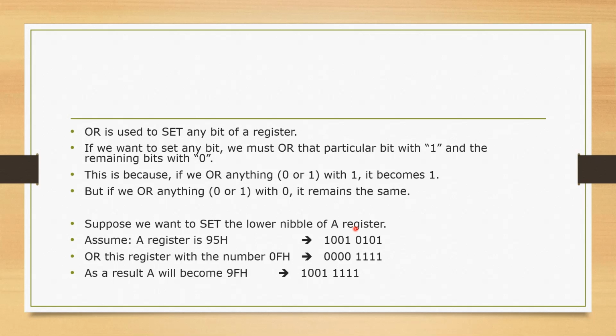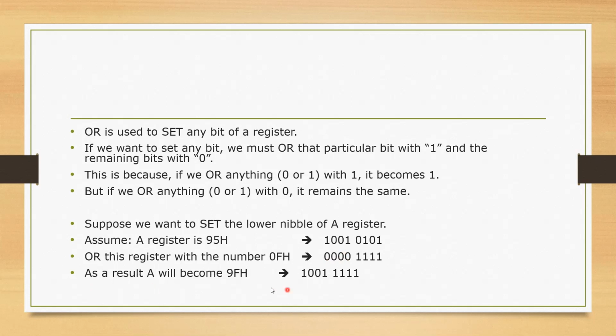Suppose we want to set the lower nibble of A register. The A register contains the value 95, that is, the lower nibble is 5. We need to set all the bits of the lower nibble. We OR the lower nibble with 1 and the higher nibble should remain the same, so we OR it with 0.